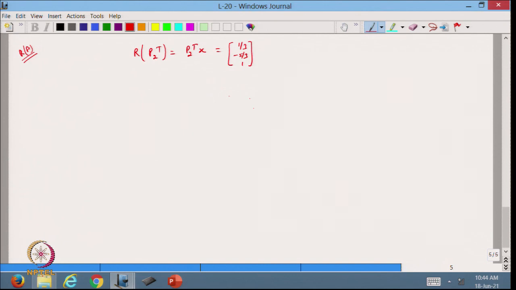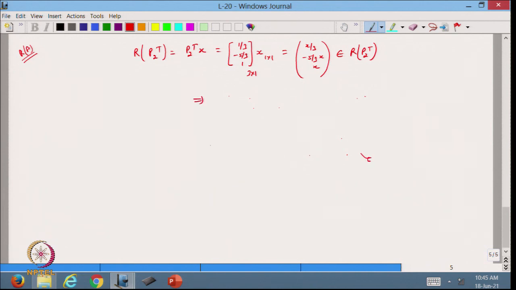This is my P2 transpose, and it is 3 cross 1. I take my x, which is 1 cross 1, and I get x by 3, minus 5 by 3 into x, and x. So, I got this vector, and definitely this belongs to the range space of P2 transpose, and this is just one vector, so it is linearly independent.